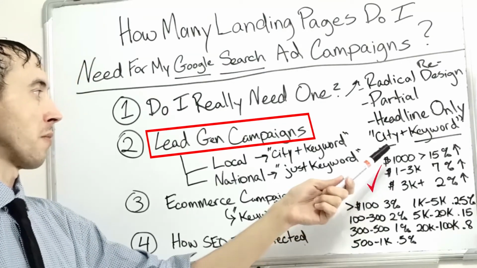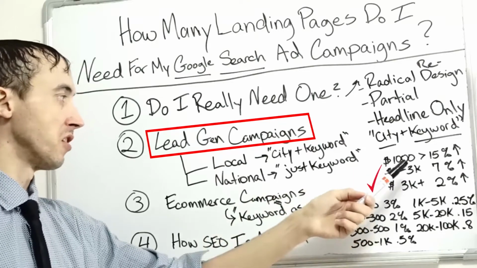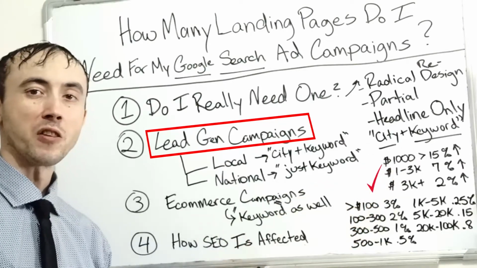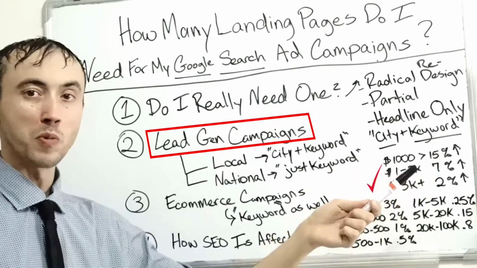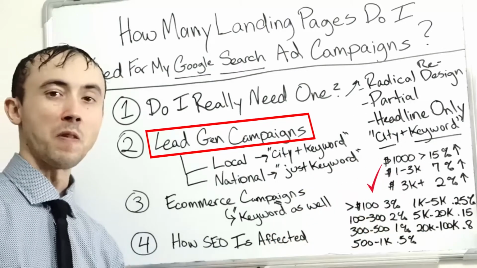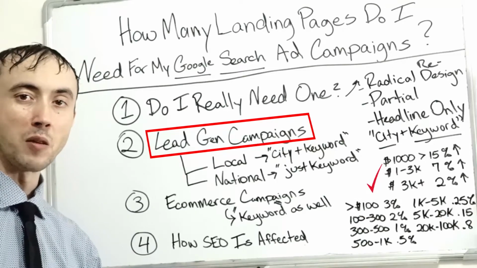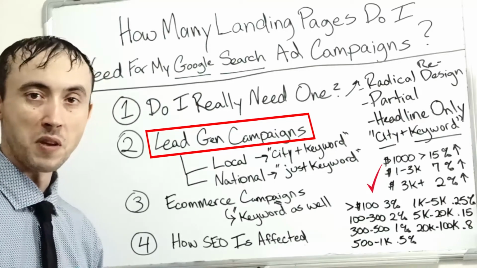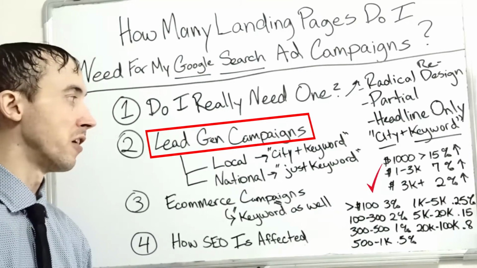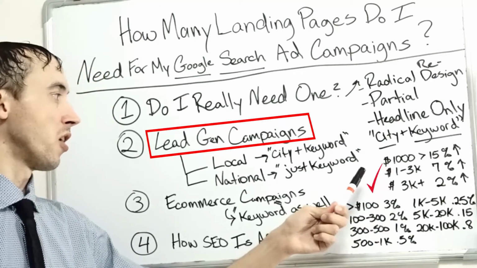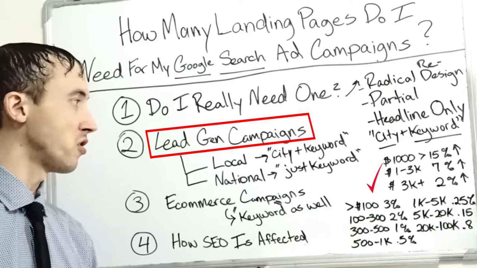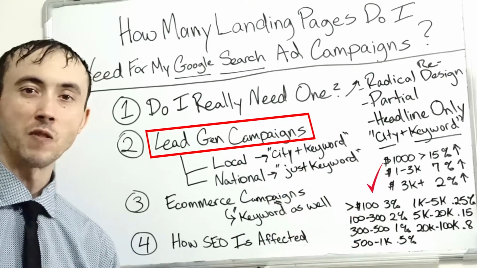For a lead generation campaign, which is basically services, if what you're selling is under $1,000 in price, you should be able to expect a 15% conversion rate from your landing page or greater in order to be competitive in your market space. If your service is between $1,000 and $3,000 in price, you should expect at least a 7% conversion rate.